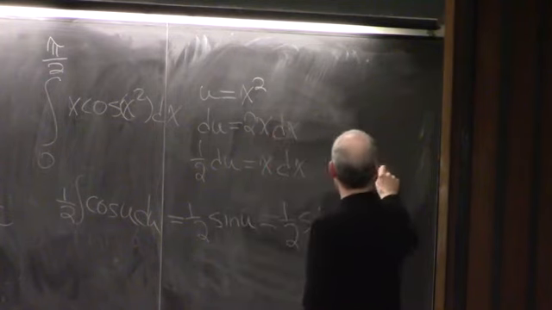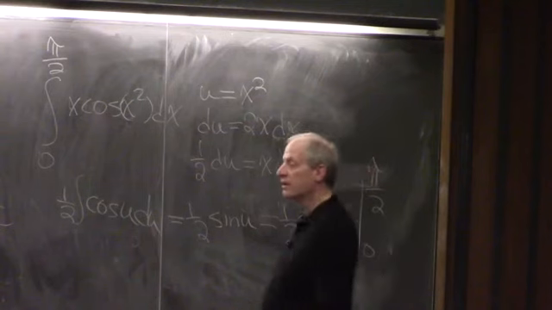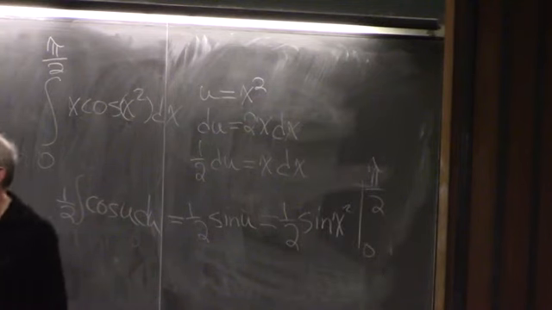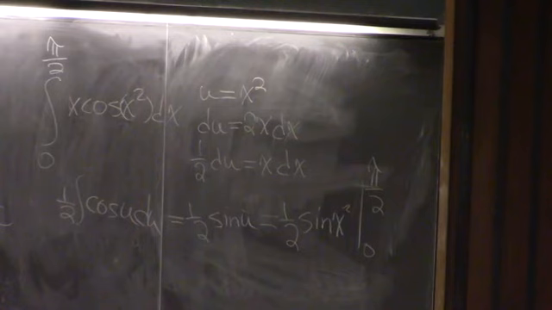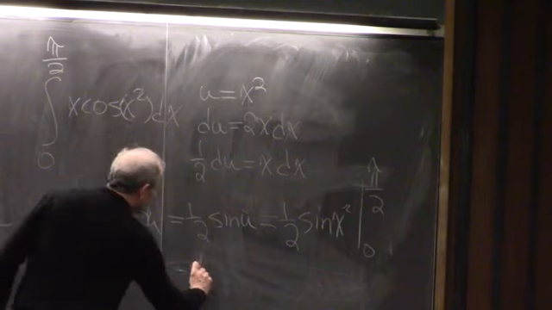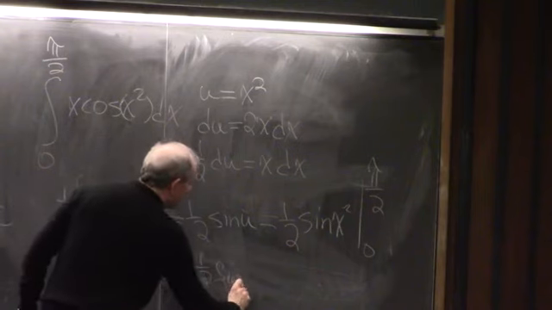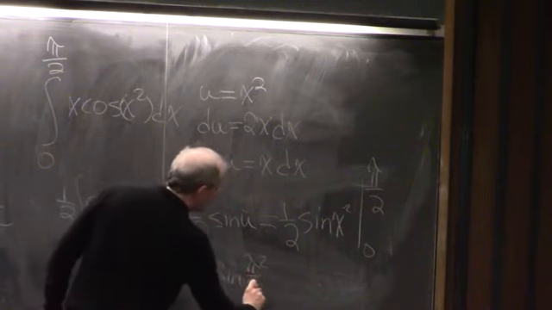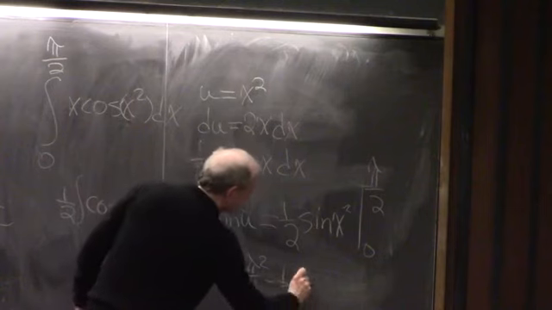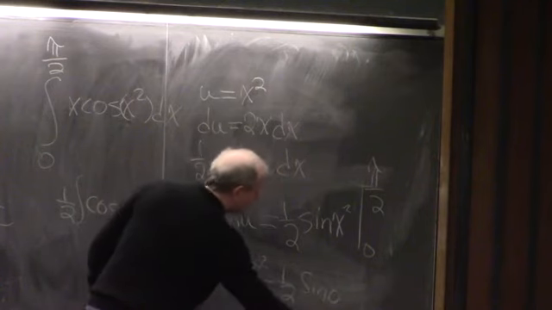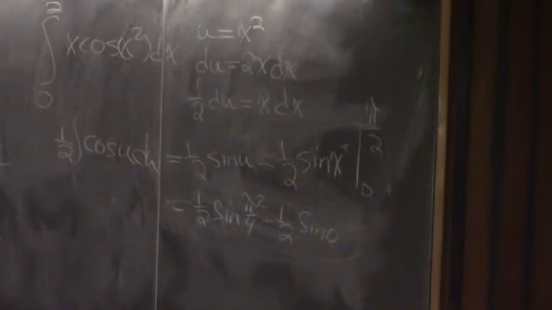Now you go from 0 to pi over 2. That equals 1/2 sine of pi squared over 4, which I have no idea what that is, minus 1/2 sine of 0, which is 0. Okay?